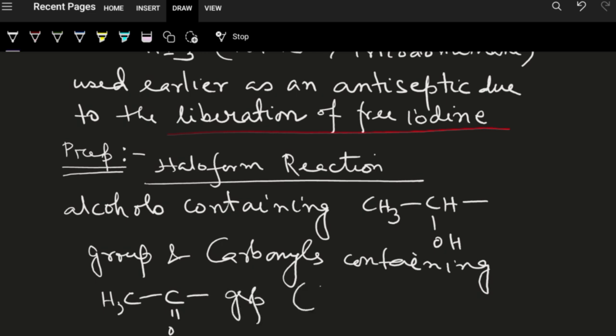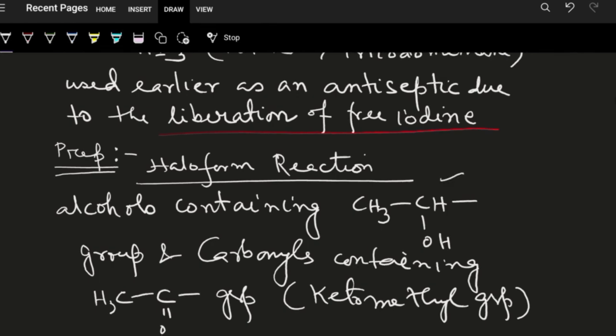This is known as a ketomethyl group. These types of compounds respond to the haloform test. The haloform reaction is a reaction where alcohols containing the CH3CHOH group and carbonyls containing the ketomethyl group react with I2 and NaOH.